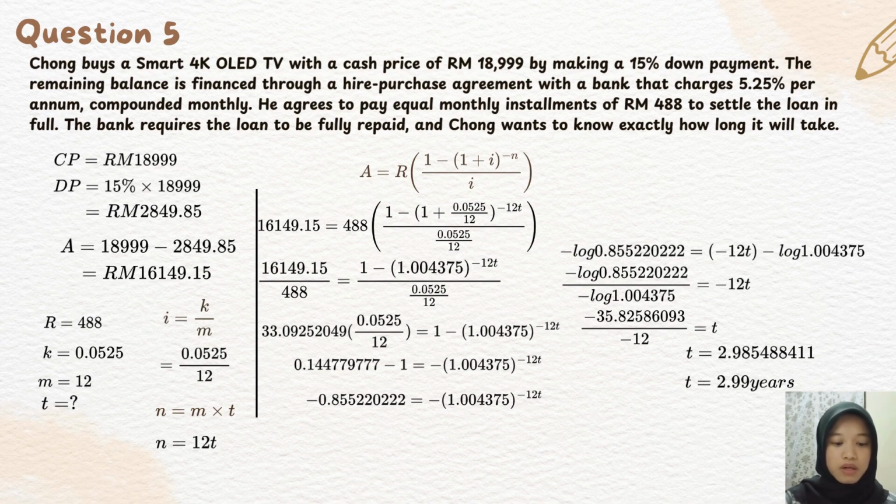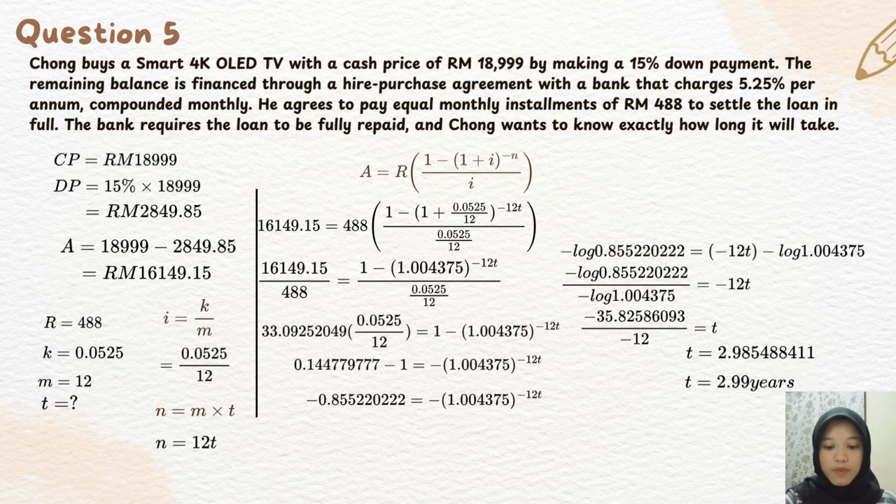Multiplying by 0.0525 divided by 12 gives 1 minus (1.004375) to the power of 12t. Then 0.14477977 minus 1 equals negative (1.004375 to the power of 12t), so negative 0.855220222 equals negative (1.004375) to the power of negative 12t.